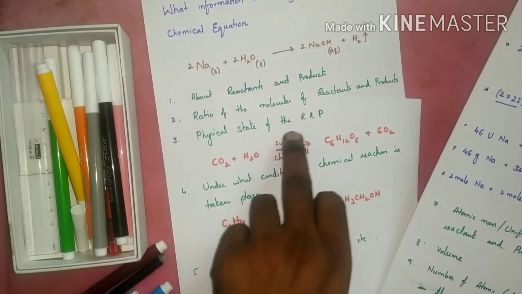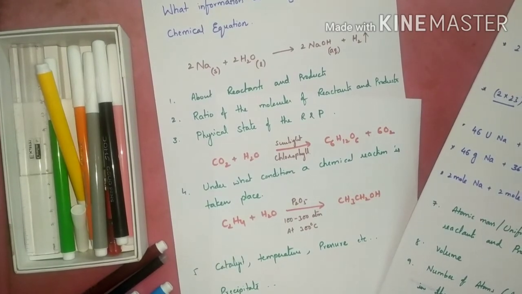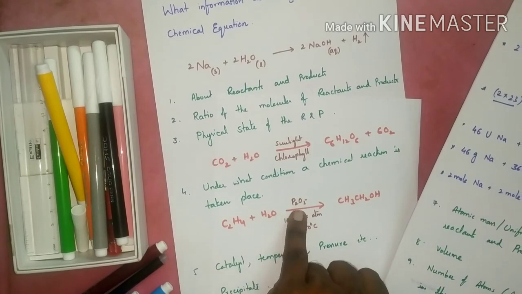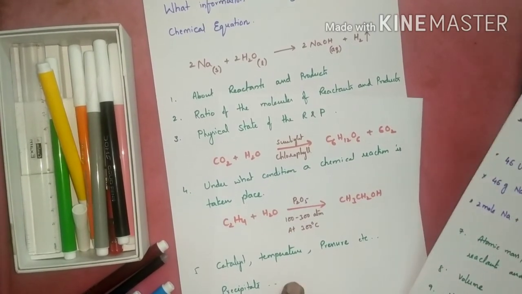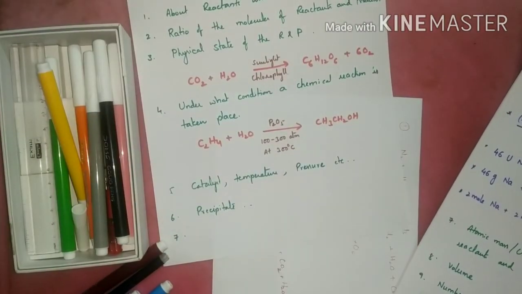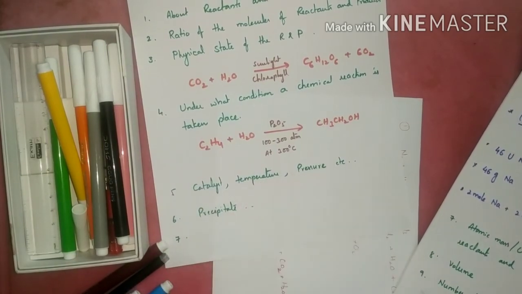If you see here, a photochemical reaction we have taken as an example. It can say whether we are using a catalyst or not, under what temperature this reaction takes place, or under what pressure. It says the information about the catalyst, temperature and pressure.